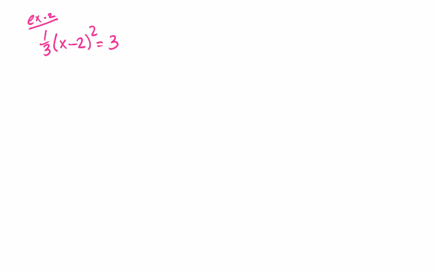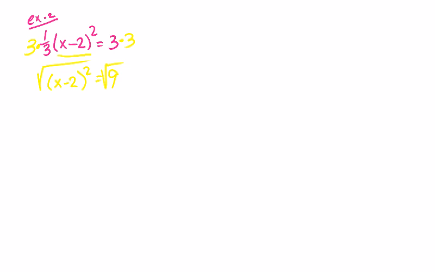See, what we have now is a quantity being squared. And so what we want to do is get that quantity by itself. So we're going to multiply both sides by 3. And so we'll have (x minus 2) squared equals 9. And then you can square root both sides.